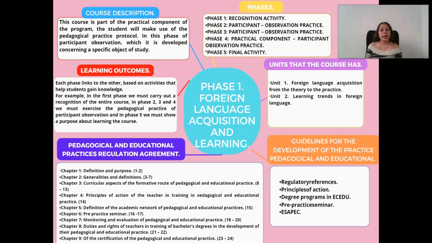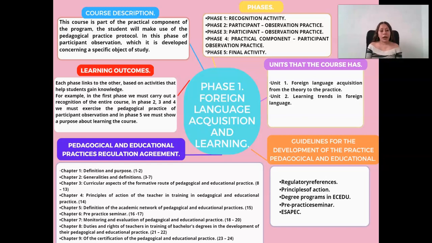Chapter 2, generalities and definitions, has articles 3 to 7. Chapter 3, curricular aspects of the formative role of pedagogical and educational practice, has articles 8 to 13. Chapter 4, principles of action of the teacher in training in pedagogical and educational practice, has article 14.